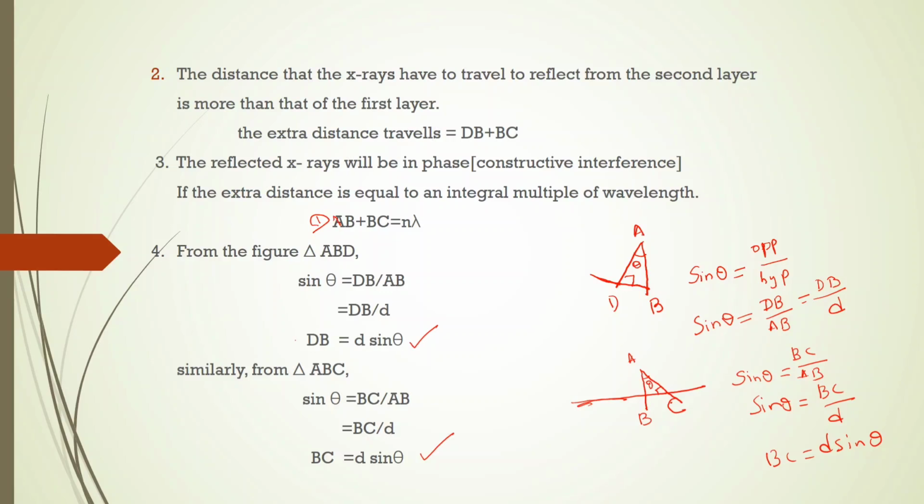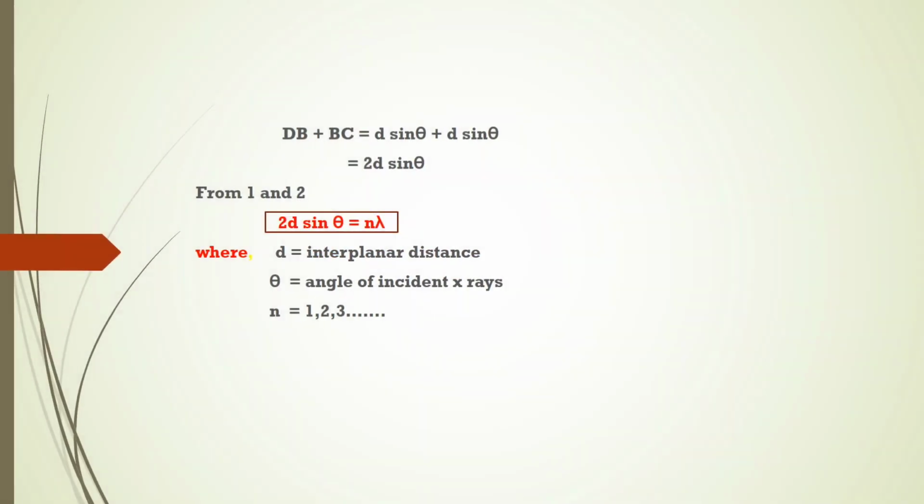So here you can observe two important equations. DB plus BC value is d sin theta plus d sin theta, that is equal to 2d sin theta. From 1 and 2 we get 2d sin theta is equal to n lambda.